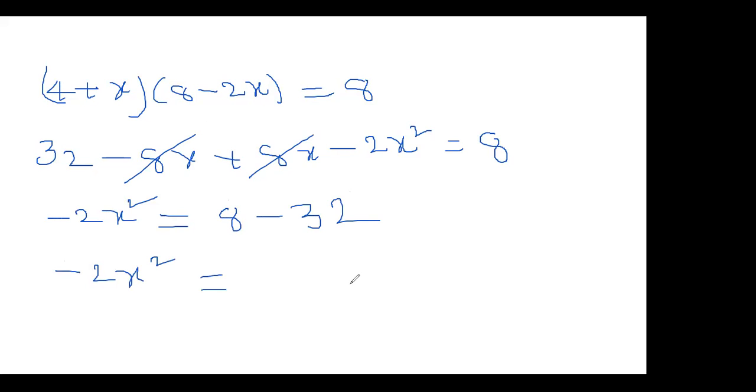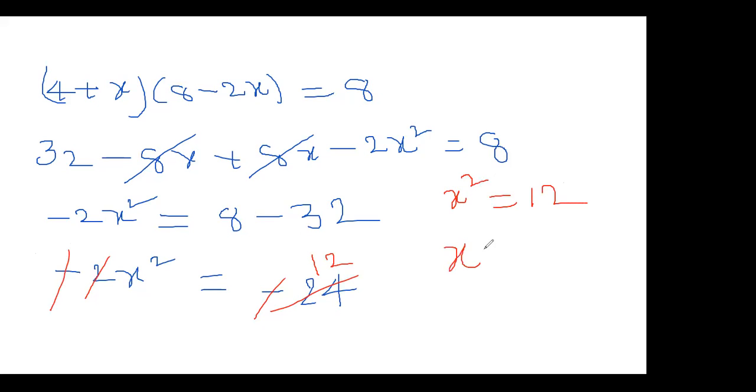What is the answer? 12 minus 8, 4. Then minus gets cancelled, and the 2s are 12s. Then your x square is equal to 12, and then your x is equal to under root of 12.